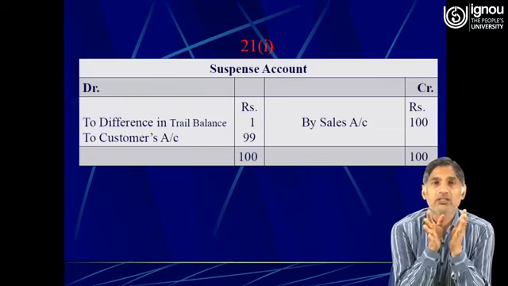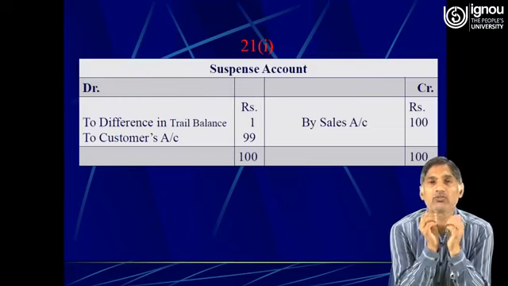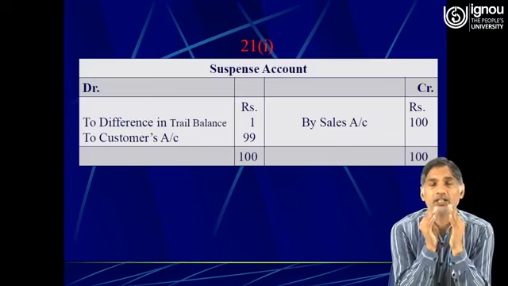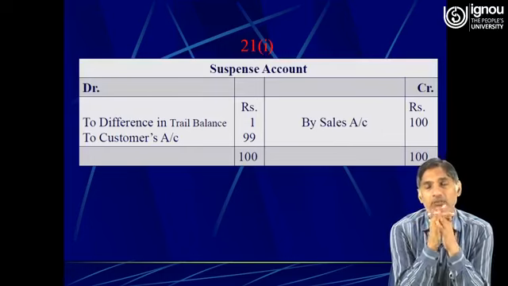So this was the whole process of creating the suspense account and closing the suspense account, making the rectifications of one-sided errors. So it is very, very important that when we rectify one-sided error, we need to identify at which stage such errors have been committed.